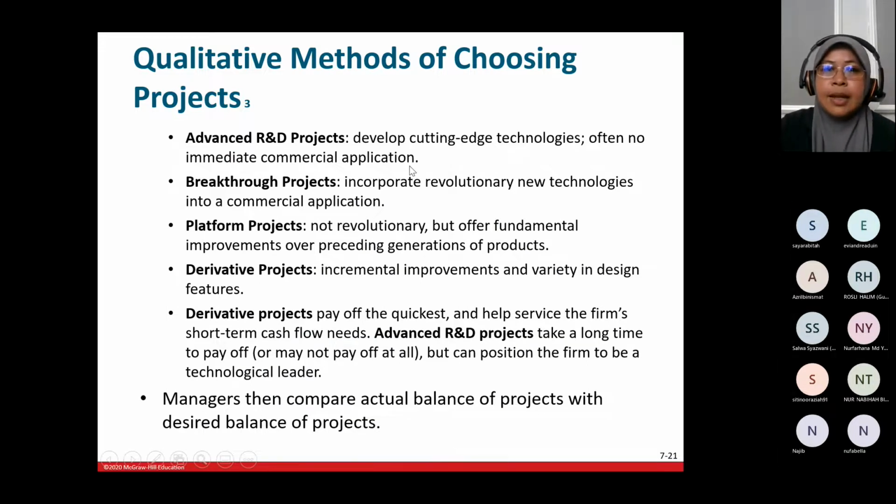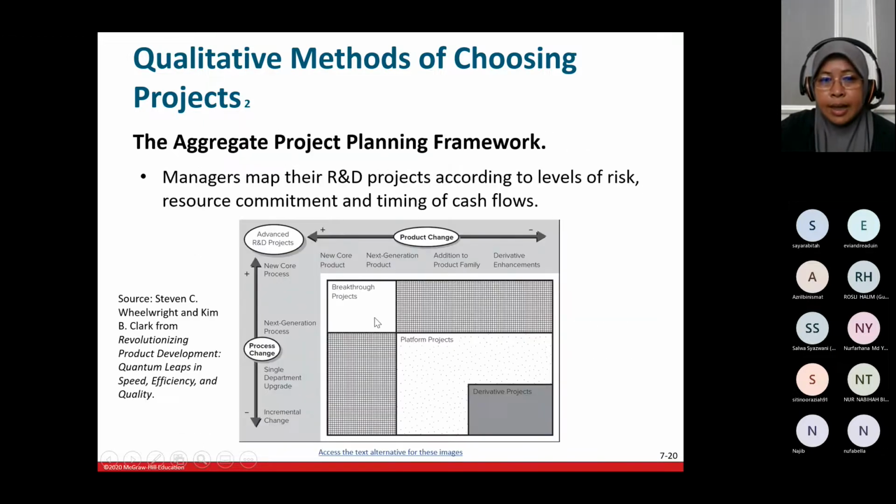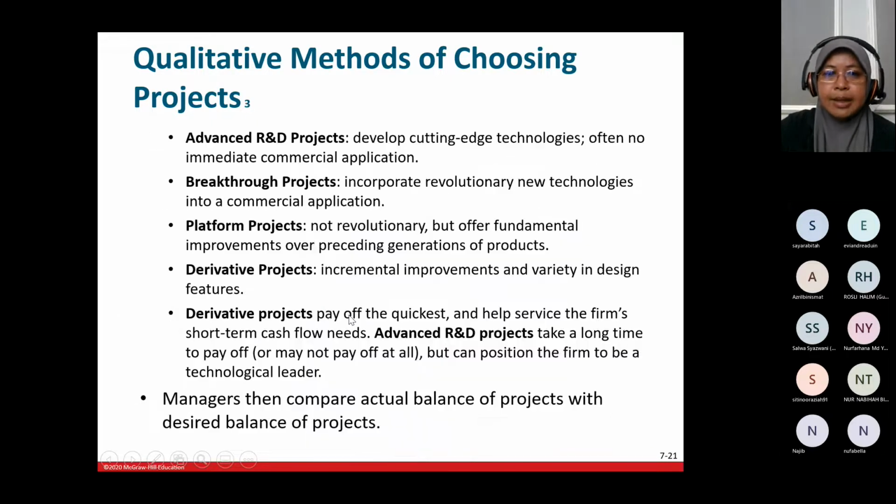Advanced R&D projects are the projects that are considered as developing cutting edge technology, offering no immediate commercial application. Breakthrough projects incorporate revolutionary new technologies into commercial application. Meaning to say that coming to this part, the product will start to come to the commercialization part.